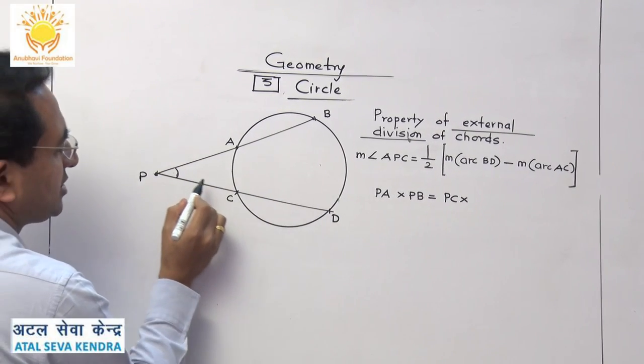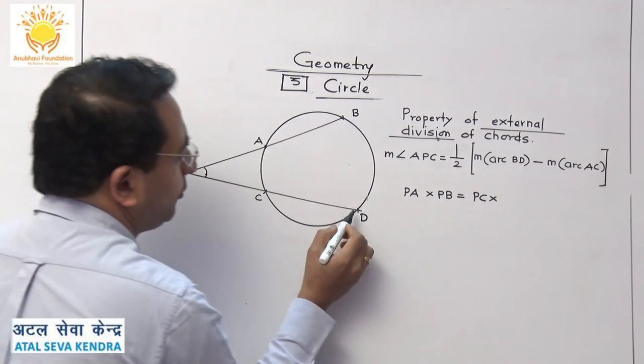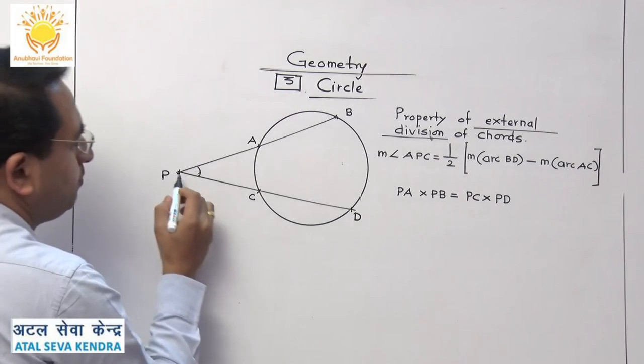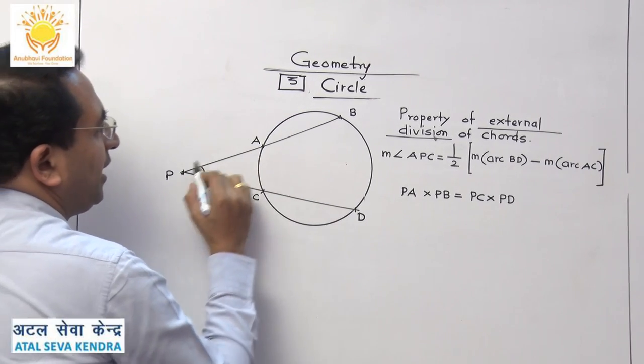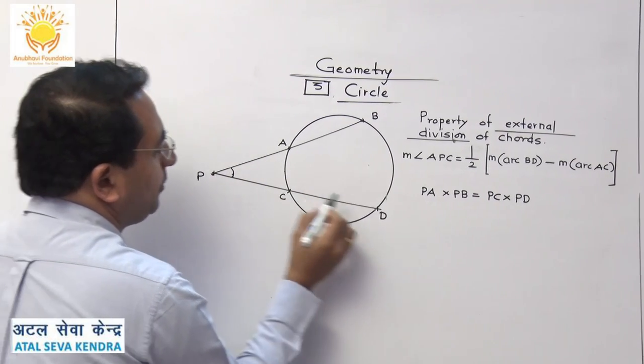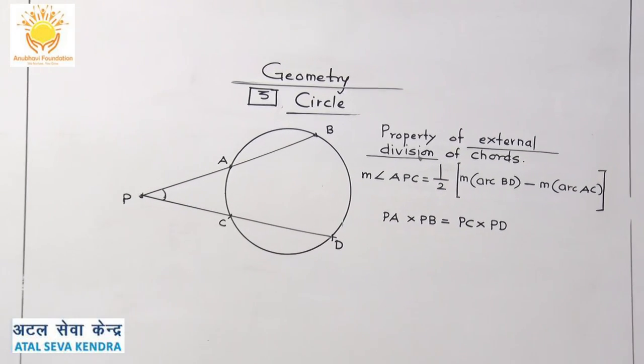Once you complete distance PC, then come back to point P and then go to the point D. So this is a rule which we have to write. PA multiplied by PB, then it is PC multiplied by PD. Are you getting it? This is the way we have to complete this.